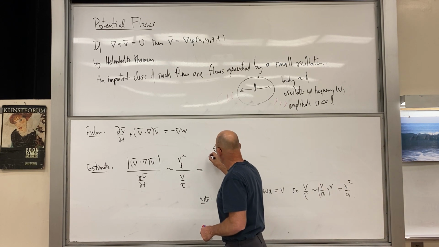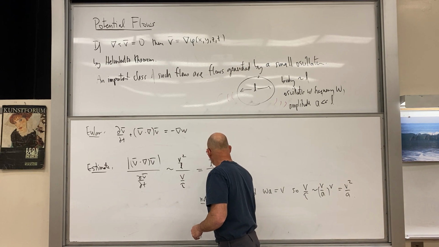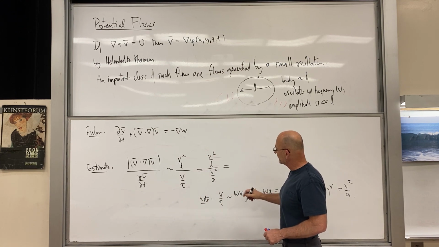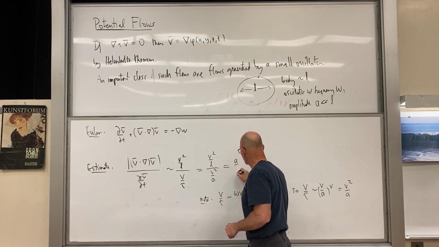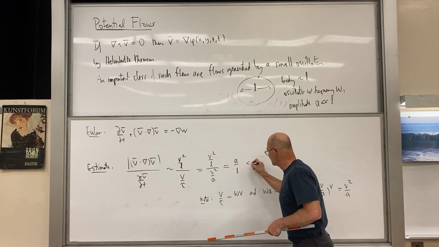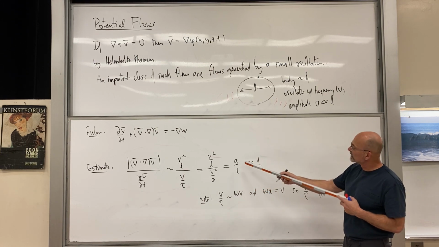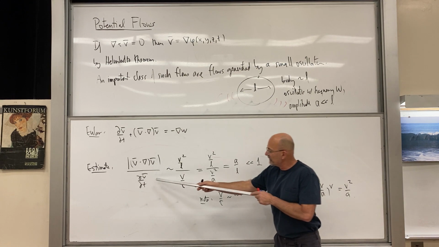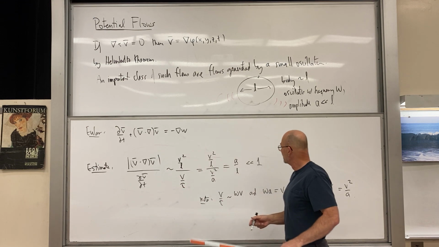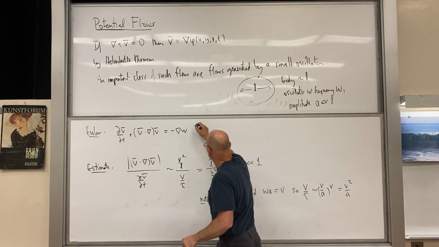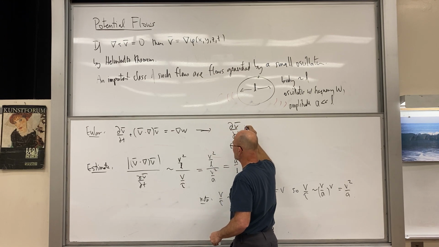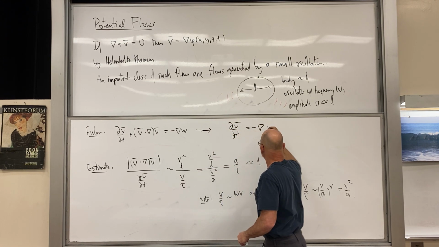So here we have v squared over L divided by v squared over A. We can cancel the v squareds, and we have A divided by L. Since this is much less than 1, this term dominates over that one. And because of that, we have dV/dt equal to minus gradient of w.